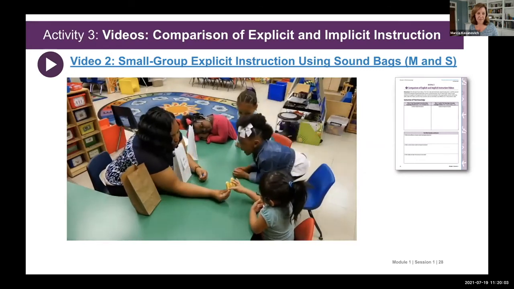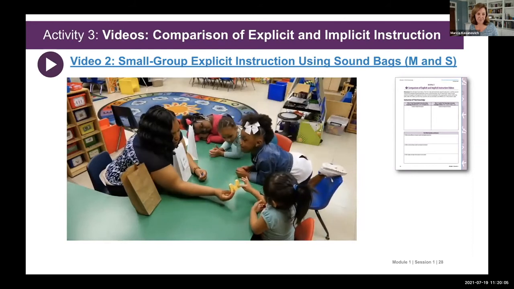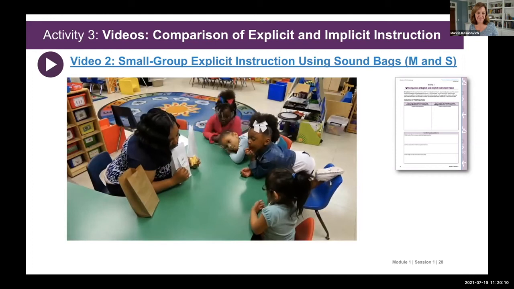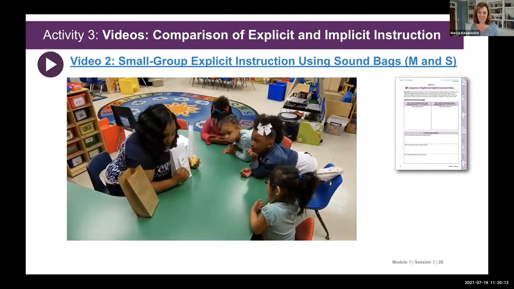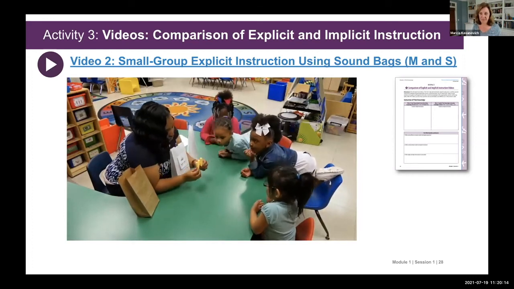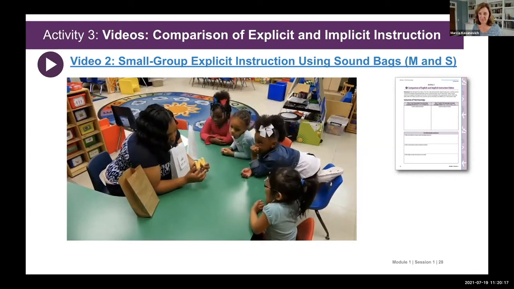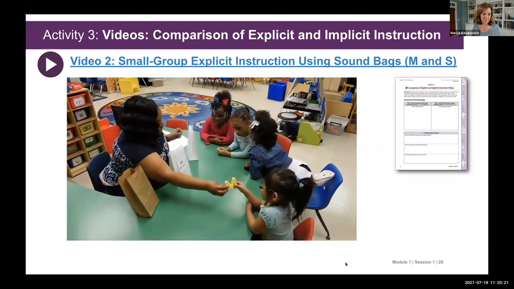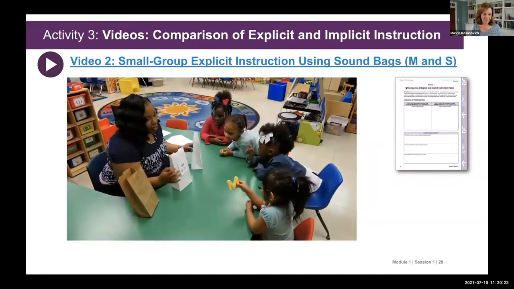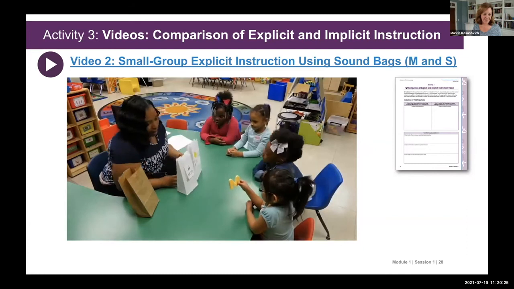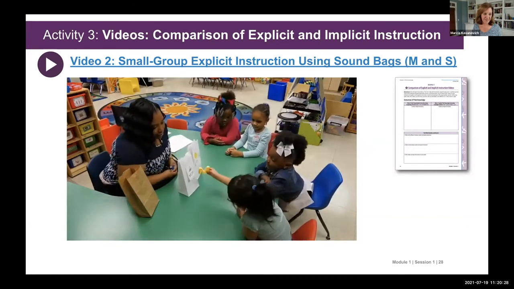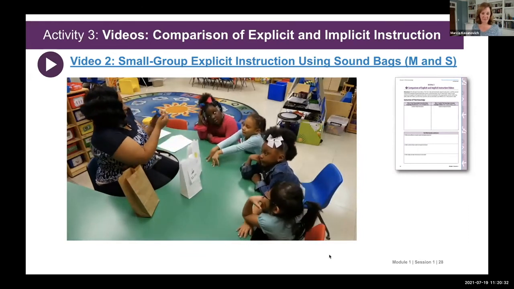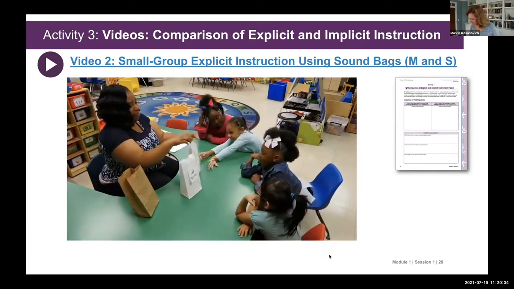Say M. Now if you turn it upside down, then it would be a W, but it is an M. So what bag would you put that in? The M bag or the S bag? M, good job. And I'm going to put the S that I had in the S bag.